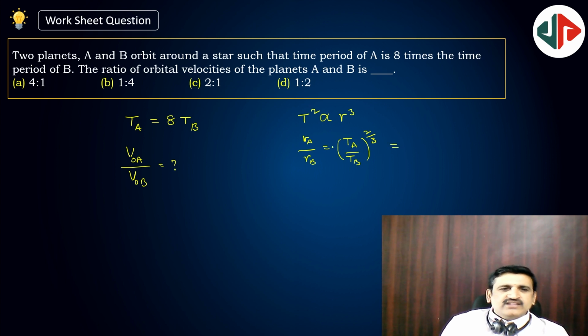TA by TB is already given as 8. So 8 to the power of 2 by 3: cube root is 2, 2 square is 4. This is 4.